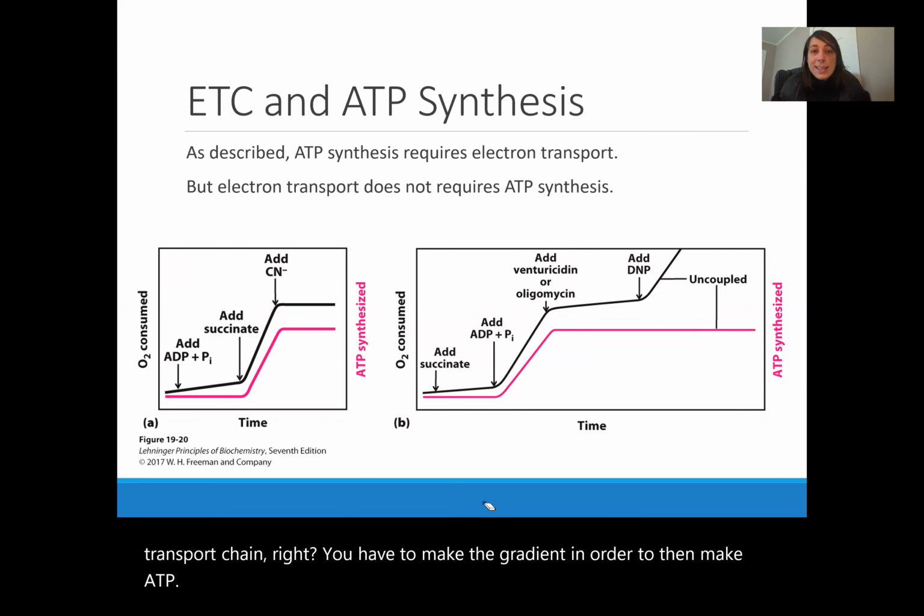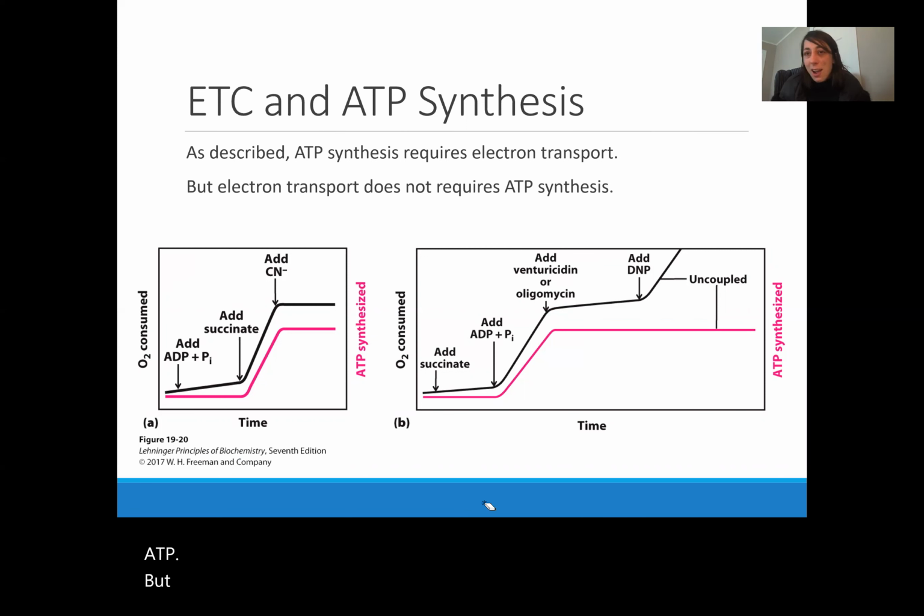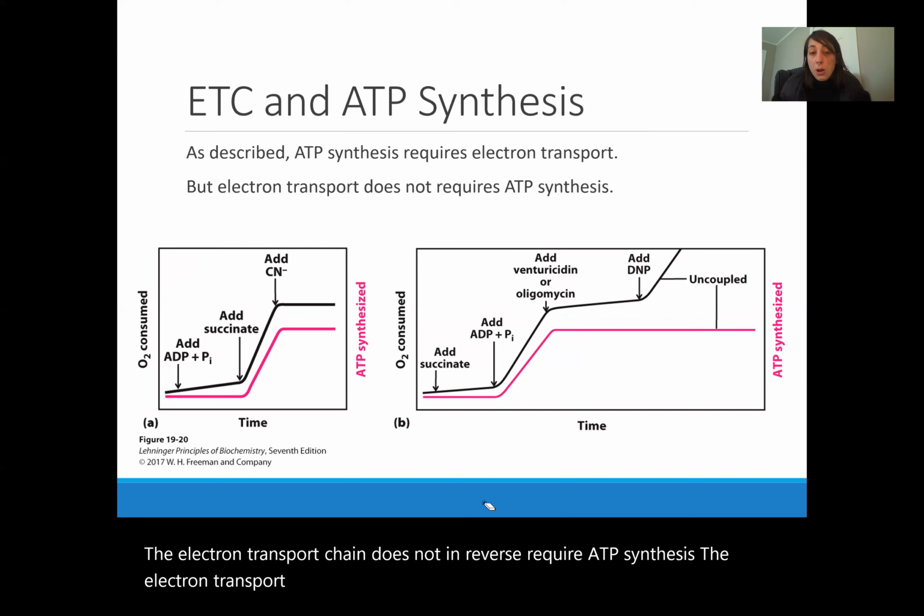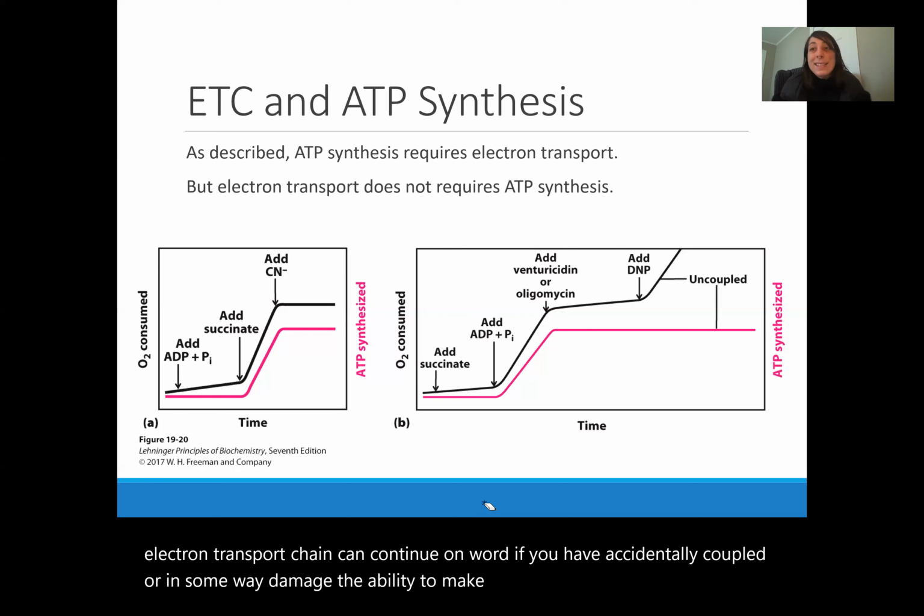But the electron transport chain does not, in reverse, require ATP synthesis. The electron transport chain can continue onward if you have accidentally uncoupled or in some way damaged the ability to make ATP. Electron transport chain does not need ATP to continue, right?